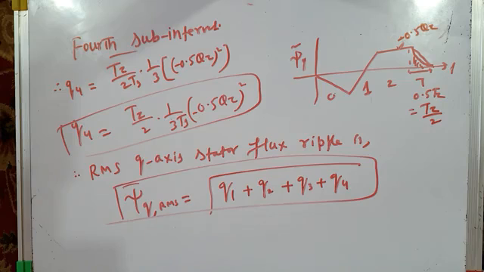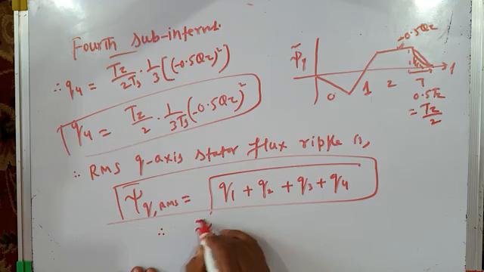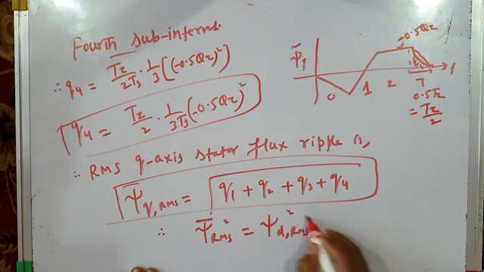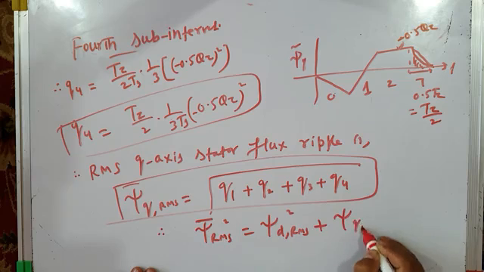Now you know the D-axis stator flux ripple, and you know the Q-axis stator flux ripple. Therefore, the total stator flux ripple square is equal to psi D RMS square plus psi Q RMS square.